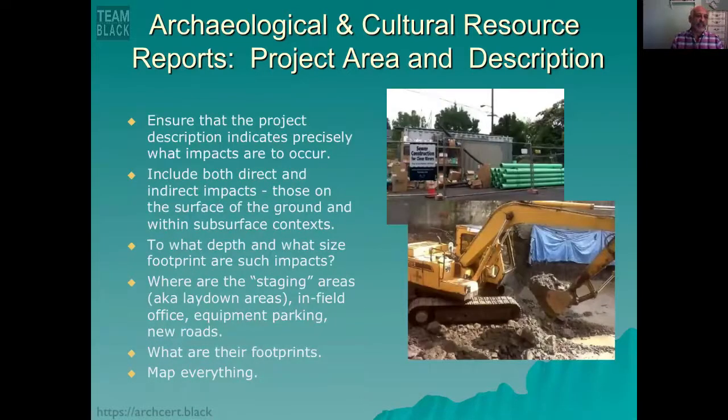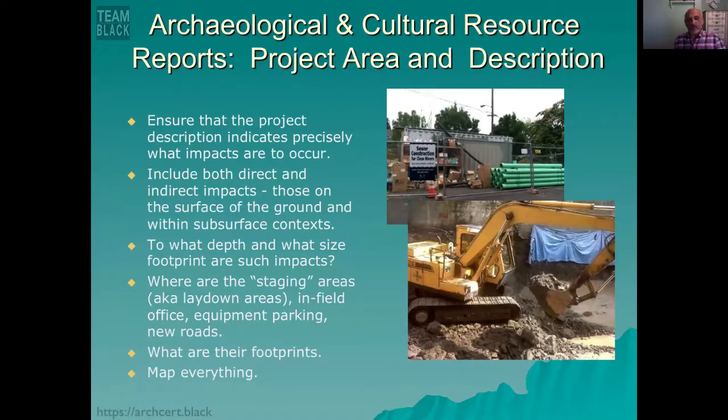So when you do that, the project description indicates precisely the character of those impacts. Where are they going to occur? How are they going to occur? Where are they going to be on the landscape? How broadly impacted or affected will the landscape be? How deeply will those impacts occur? What will be the direct impacts and the indirect impacts? Those on the surface of the ground, those within the subsurface context.